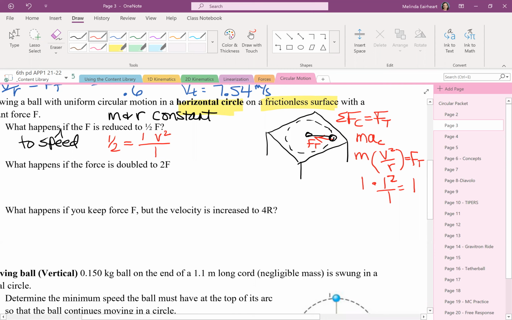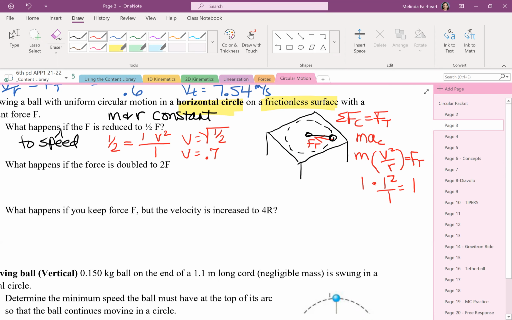And so to get the new speed, you would solve for v: square root of 1/2. And so v would be square root of 1/2, which is about 0.7. I'll save us a little time there. Previously, it was 1. Now it's 0.7. So as your force decreases, your speed decreases.